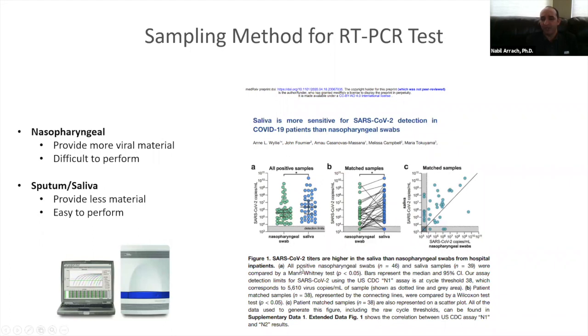And this study is basically comparing the nasopharyngeal sensitivity to saliva sensitivity. They took patients and collected two different samples from the same patient, saliva and nasopharyngeal, collected every 3 days through the course of infection, and then they compared the results.